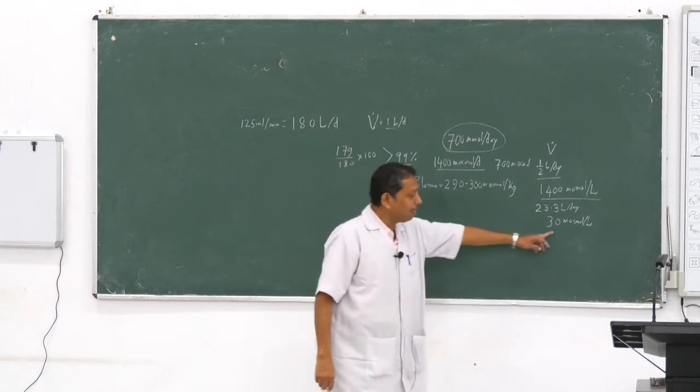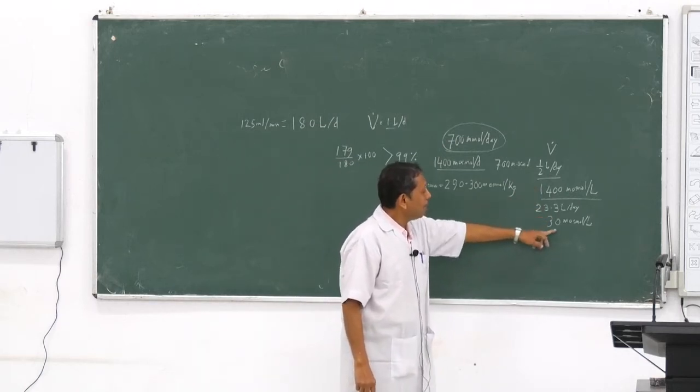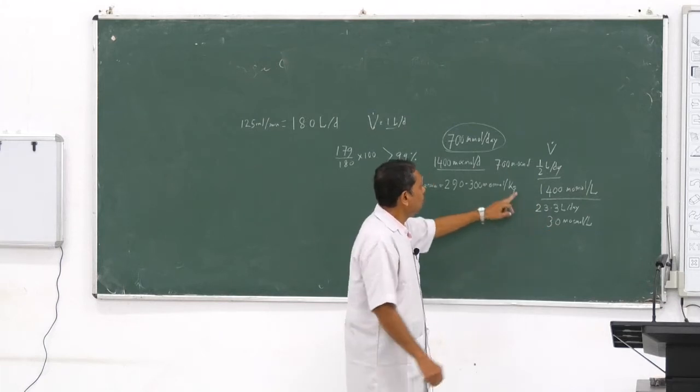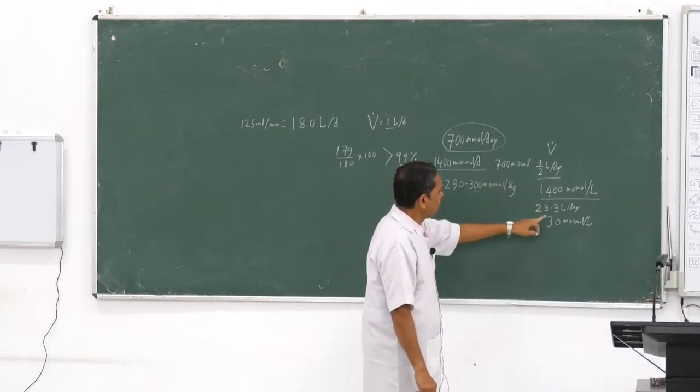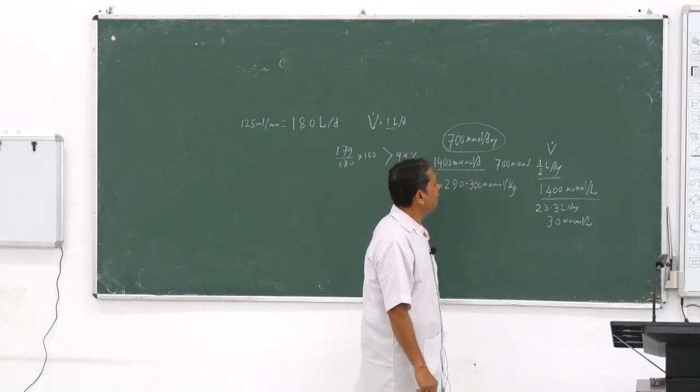So if you divide 700 milliosmol by 30, you get this value.